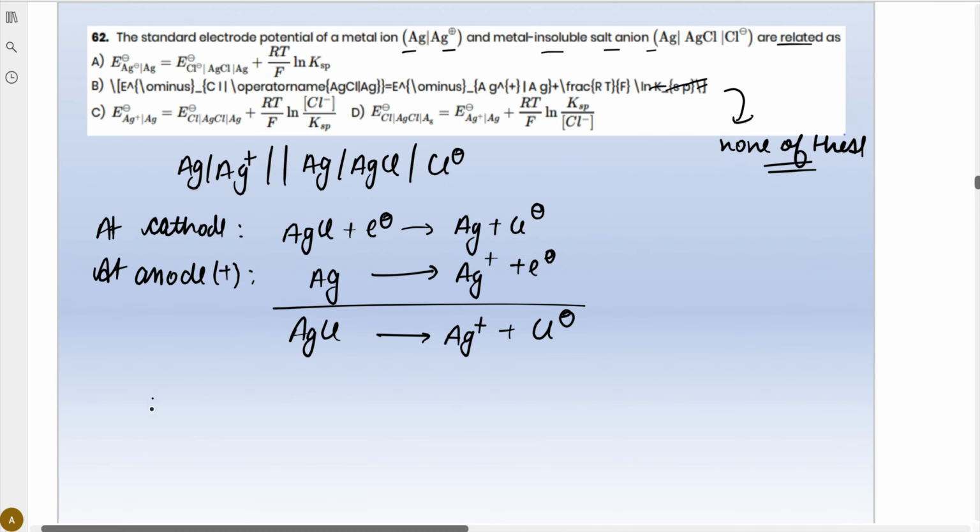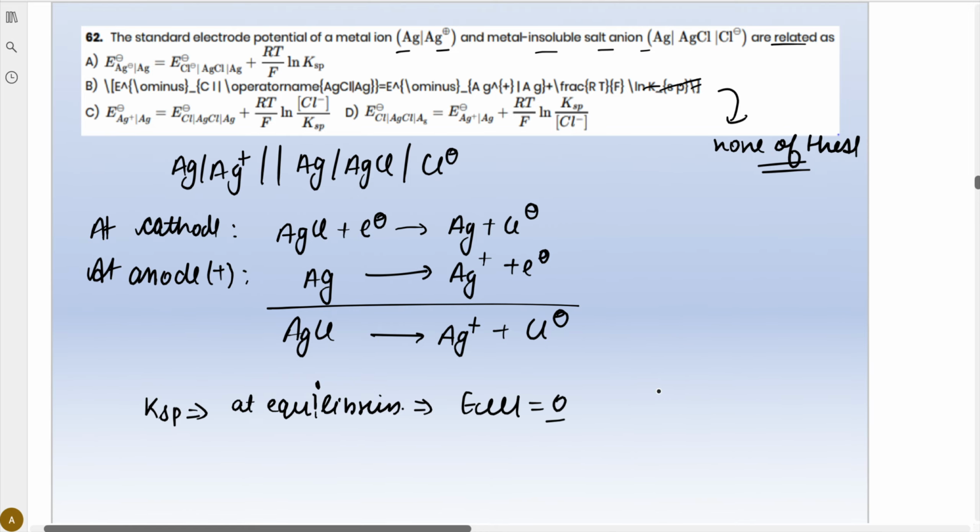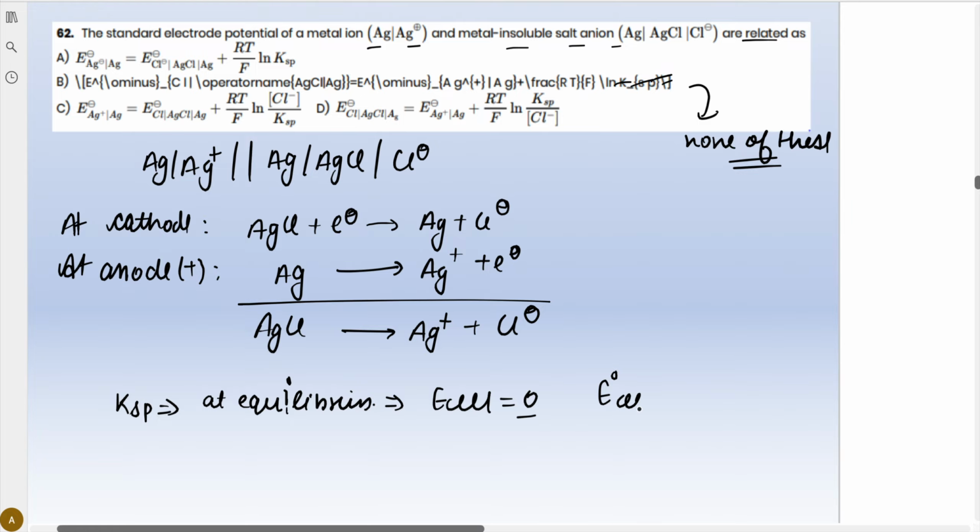Now try to see for Ksp. For Ksp, this reaction should be at equilibrium. Equilibrium reaction means E cell of the reaction should be 0, and E naught cell will be E naught reduction minus E naught oxidation.